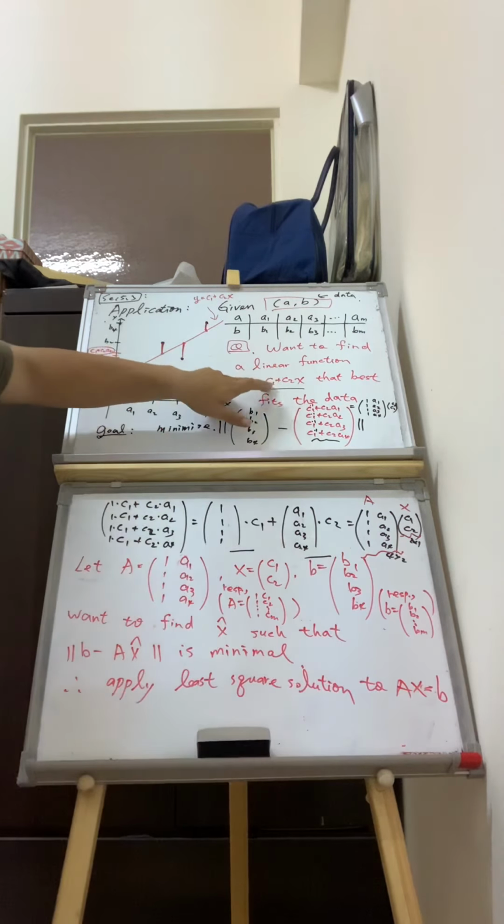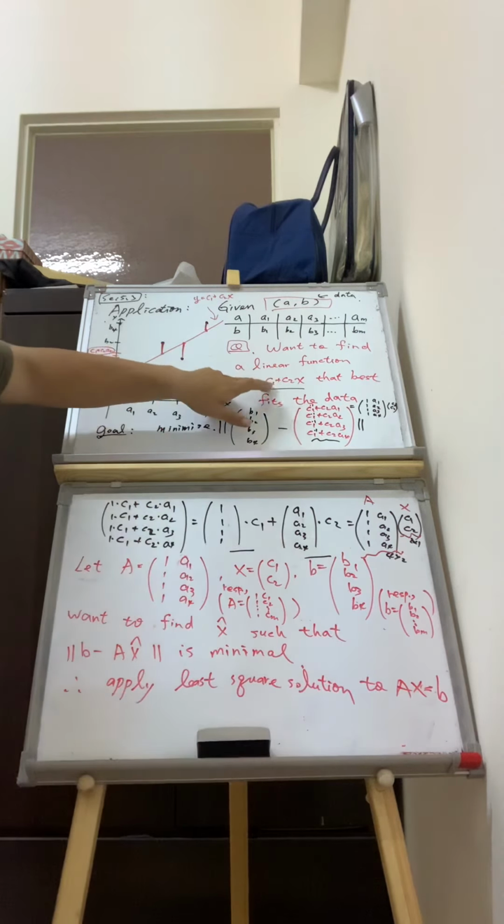We have three pairs, so here a1 is 0, 3, 6. It's our matrix A. And the vector b is this one, 1, 4, 5.